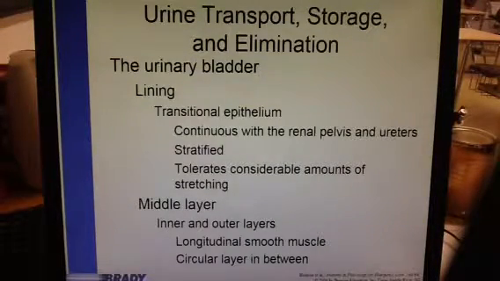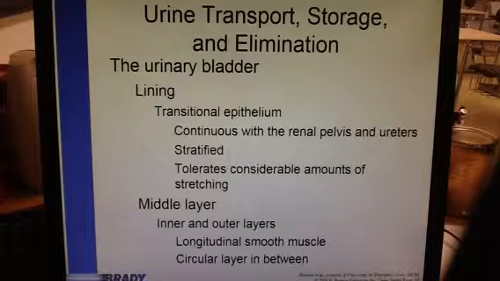The bladder is lined with transitional epithelium, all the way back to A and P1 in our tissue types, but transitional epithelium is able to stretch and relax, and so that's why we see it in the lining of the bladder. It is continuous with the renal pelvis and the ureters. It's stratified, and again, it tolerates a lot of stretching.